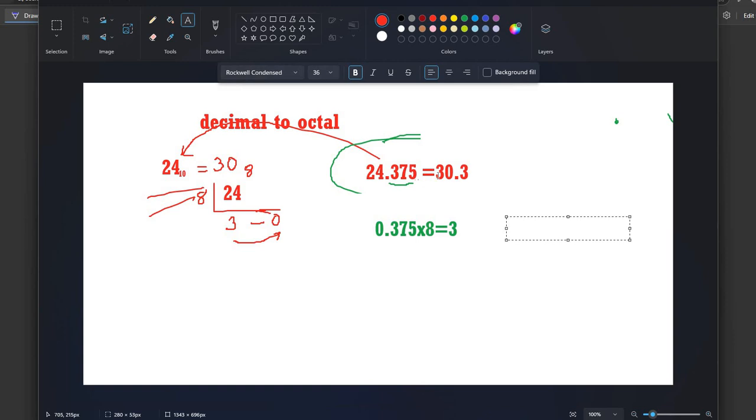Okay, this is the value. The base here is 10, and this base is 8. So this is how we convert any decimal number into an octal number.